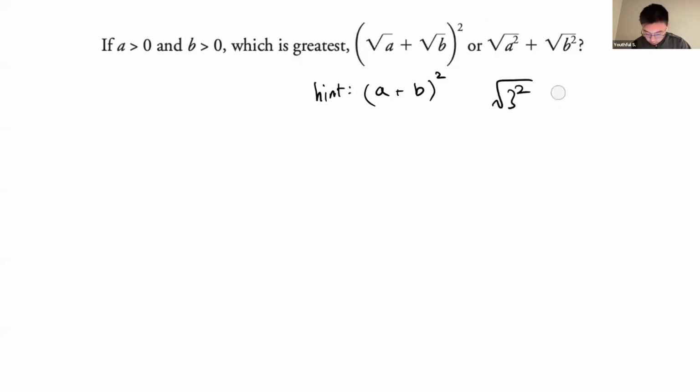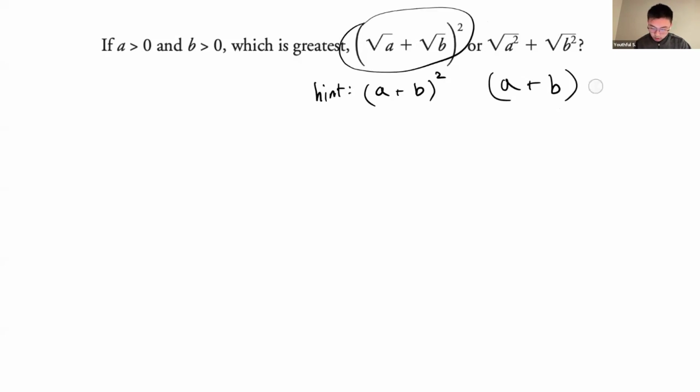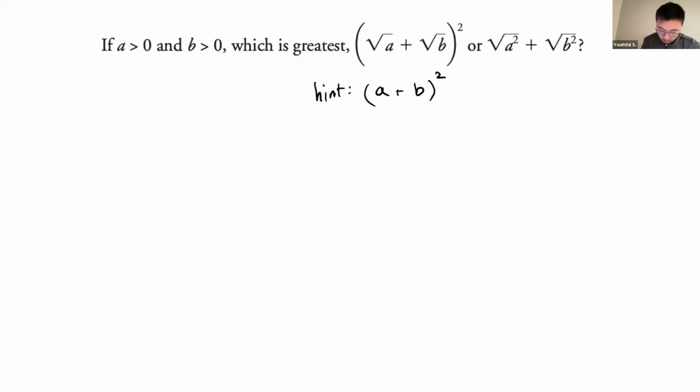So root a squared would just be a, and this would be b. So you're basically comparing a plus b versus this. So you could multiply it out. Actually, no, I think it's a little bit faster if you consider this hint.